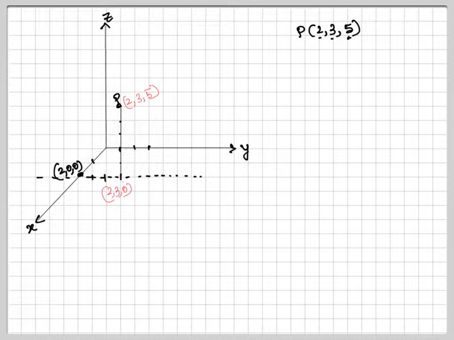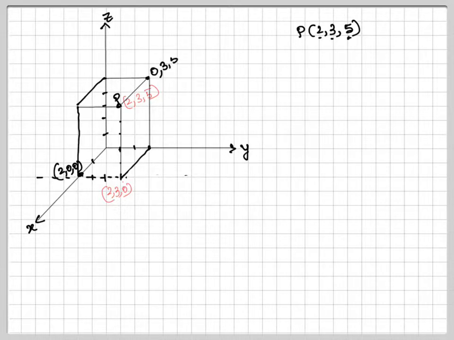Now we have to complete this rectangular box. We will find the foot of the perpendicular of the point P on every coordinate plane. The foot of the perpendicular from P on the xy plane that we just discussed is (2, 3, 0). On the yz plane, the x coordinate is 0, and y and z stay as they are.